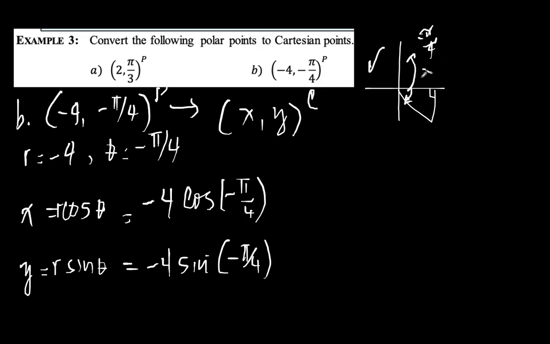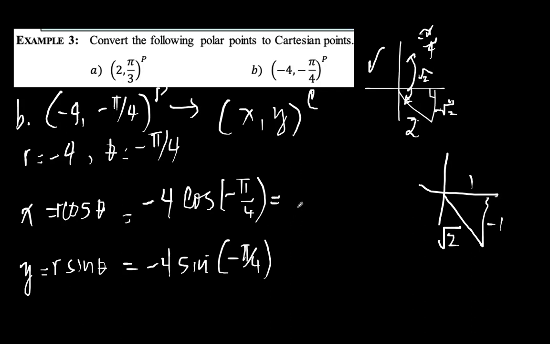So this is square root of 2 over 2, negative square root of 2 over 2. Or you can make use of other values. Let's say this is equal to 1, this is -1, and this is equal to square root of 2. Both will give you the same values actually, all right?